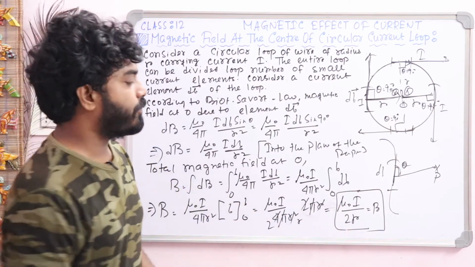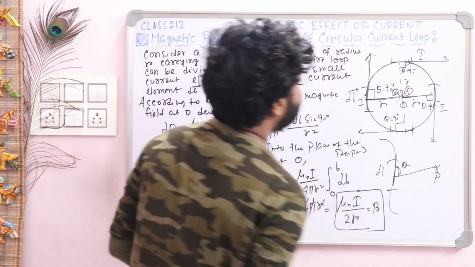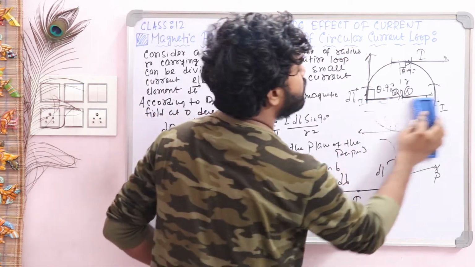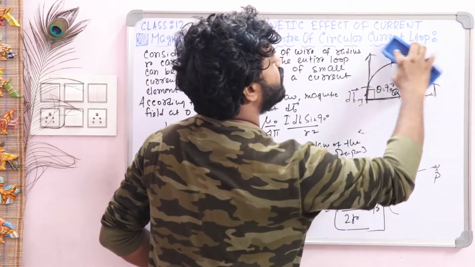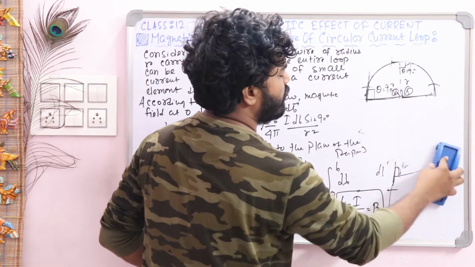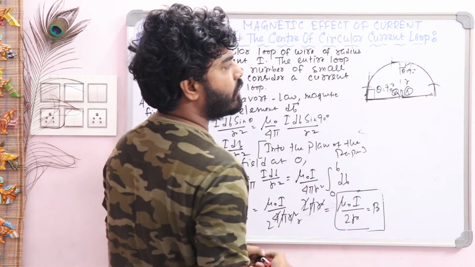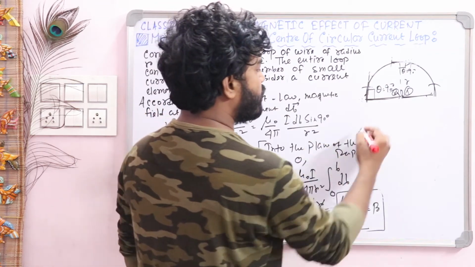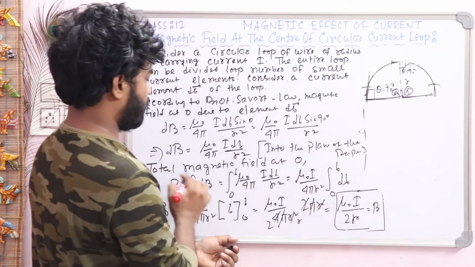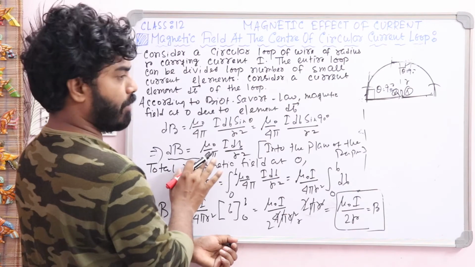Okay, so now we will find out the expression of magnetic field at the semicircle. You see, this is a semicircle and you have to find out the magnetic field here. So for the semicircle, this part is the same.